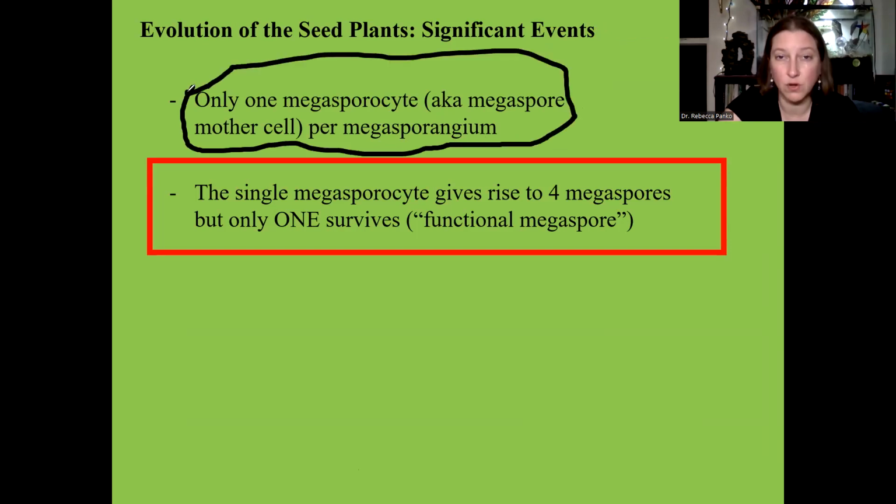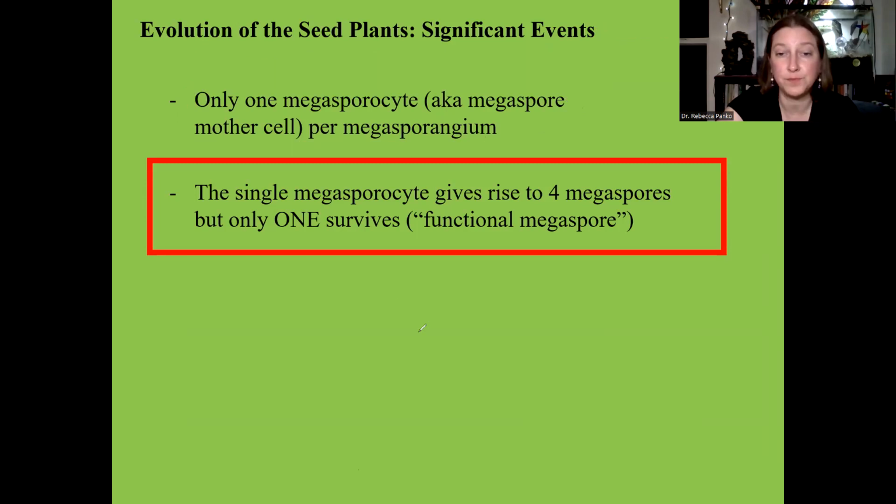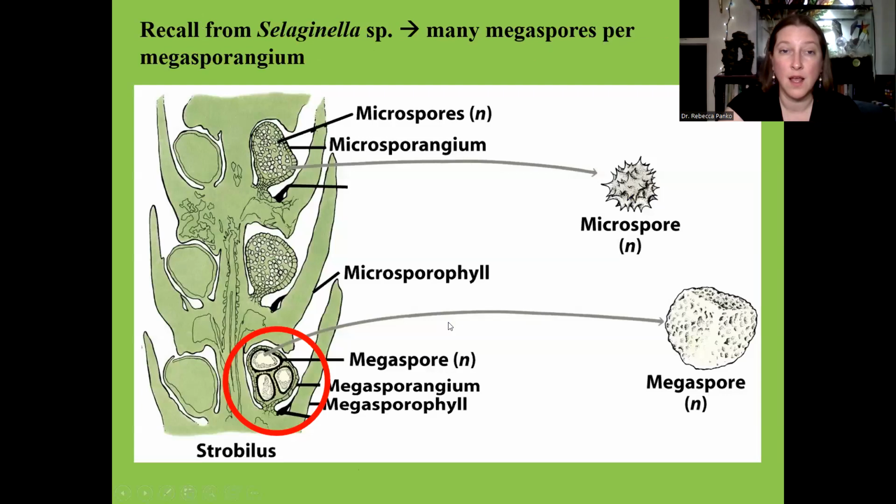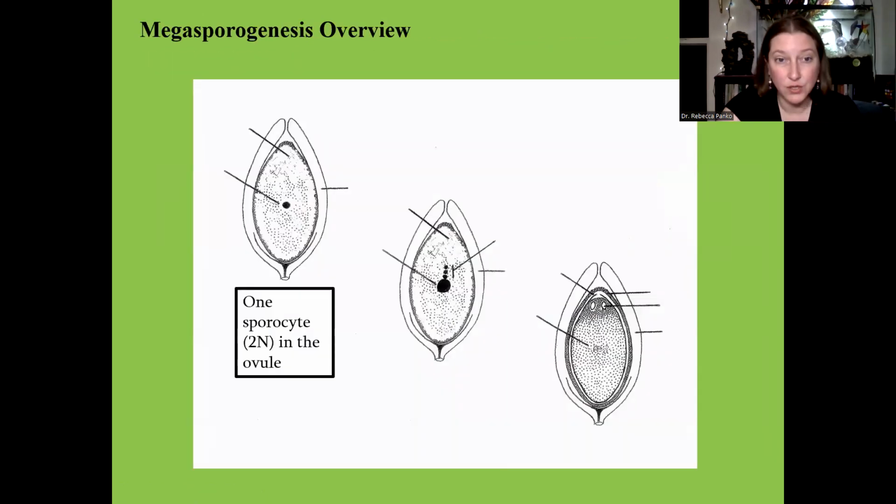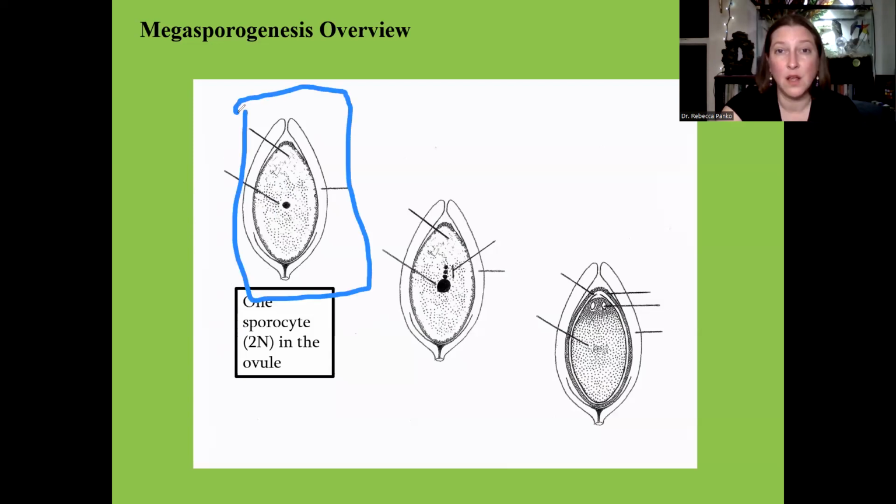Only 1 megasporocyte, aka megaspore mother cell, per megasporangium. That's what we see here. So there it is in the middle, that little dot in the middle. I'll use blue on this slide just to mix up the colors. This little dot is your sporocyte or spore mother cell, same thing. And it is diploid, and it's inside of this ovule.